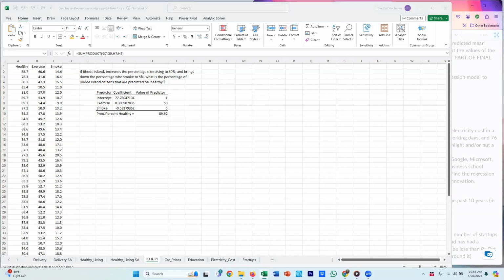So we want to center the data. We want to center the predictor variables at 50 for exercise and 5 for smoke.